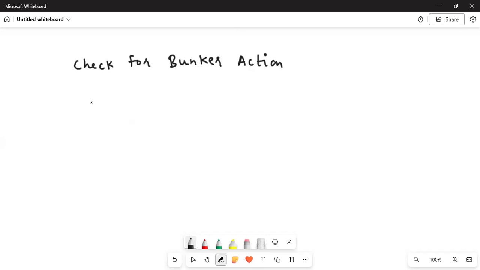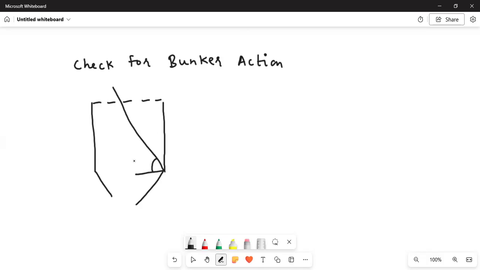So when we are calling it a bunker, I have discussed this. You have to draw the line from the edge. If this line intersects the horizontal surface, then we can say that this angle is 90 plus pi by 2. If this line intersects the horizontal surface, then we can call it a bunker.